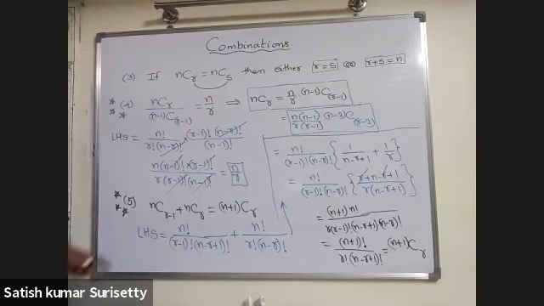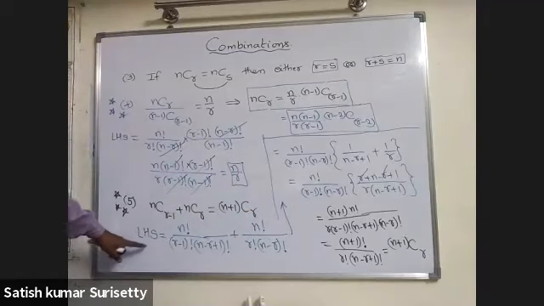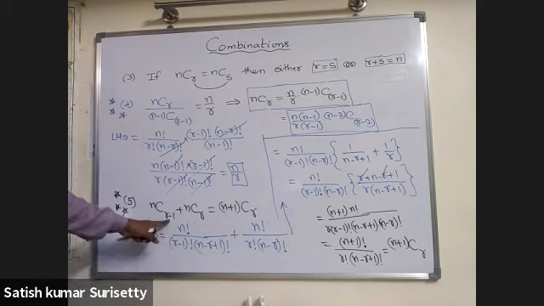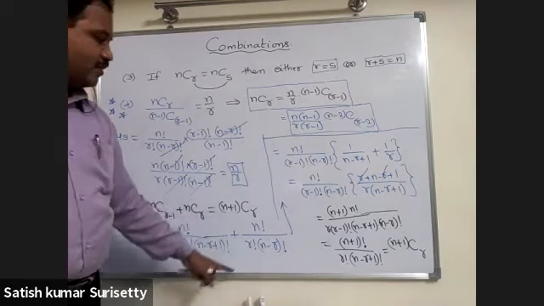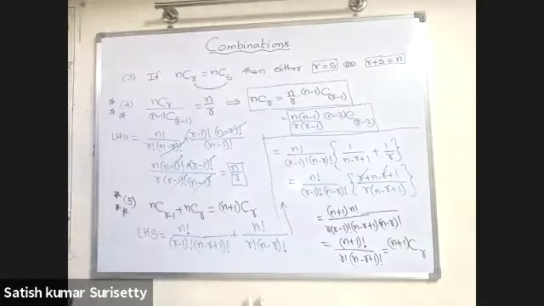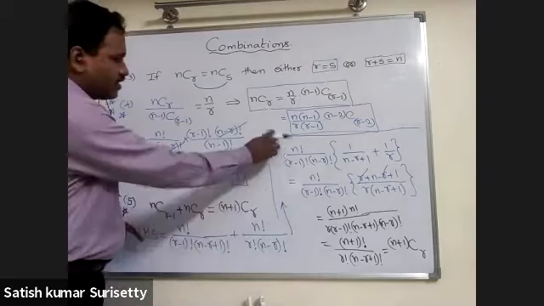Next property: nC(r minus 1) plus nCr equals (n plus 1)Cr. So take the left hand side: n factorial upon (r minus 1) factorial into (n minus r plus 1) factorial, plus n factorial upon r factorial into (n minus r) factorial. Now, in these two, take common. In the numerator, n factorial is common.